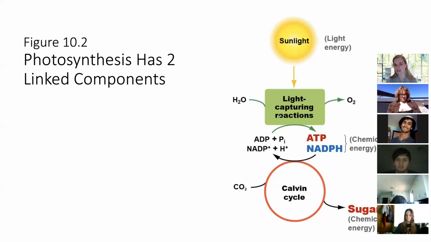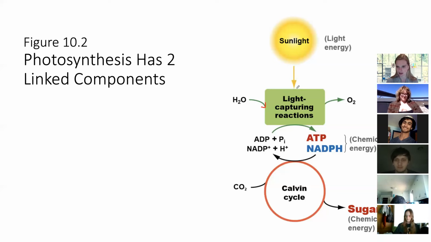So in the light-dependent reactions, this is representing one of our chloroplasts, this green box, and we have water coming in, and we have sunlight coming in. And again, this is just in the light-dependent reaction, and oxygen is given off.